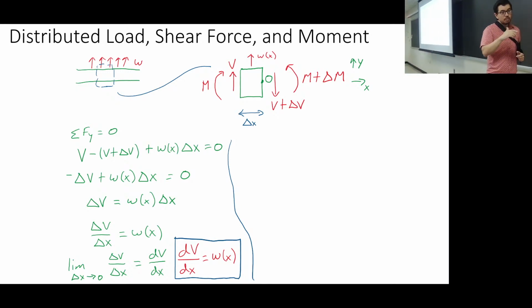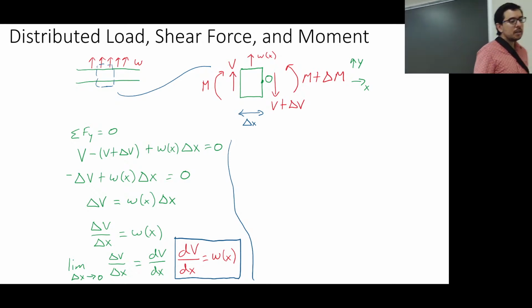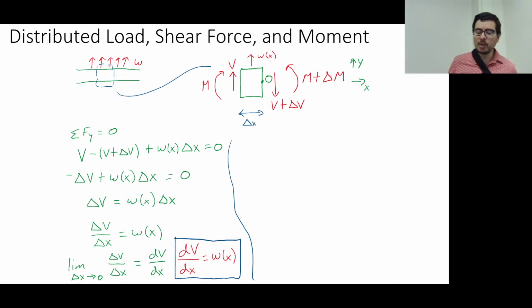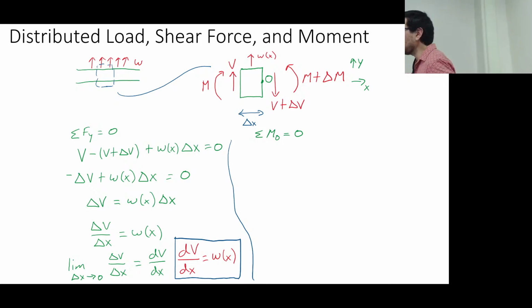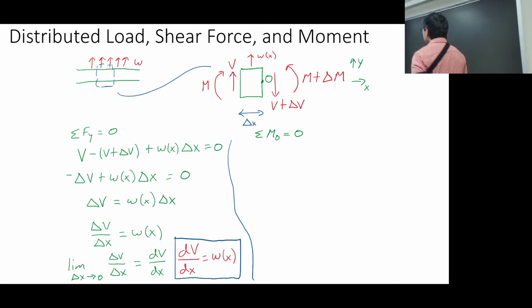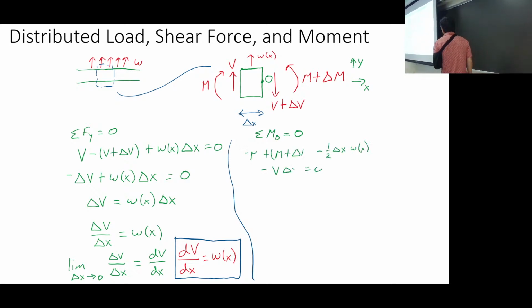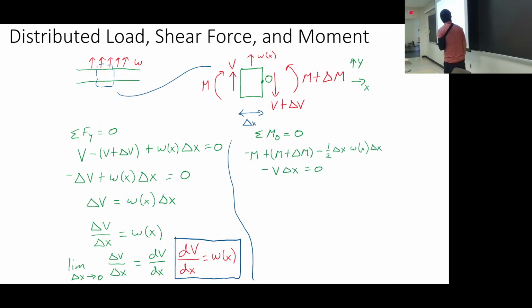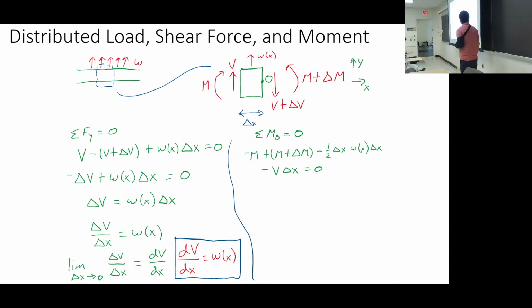And what about from the perspective of taking the moments? Here we have the summation of all the moments at a location, we'll call that O, equal to 0. And we have minus M plus this guy.